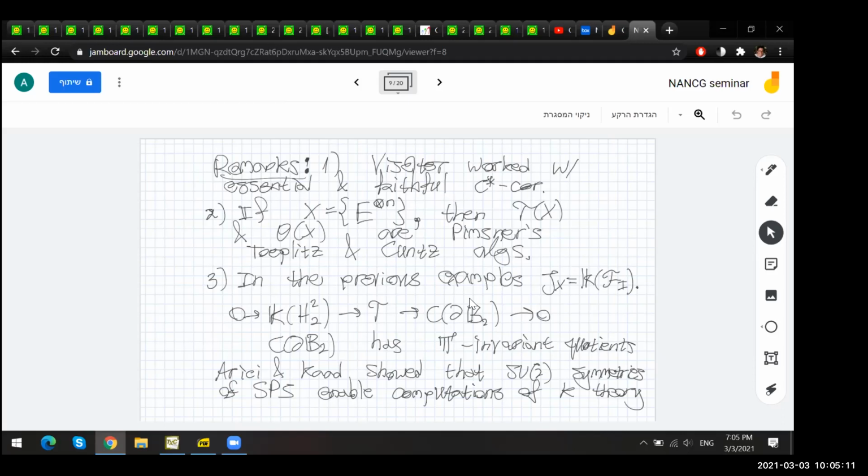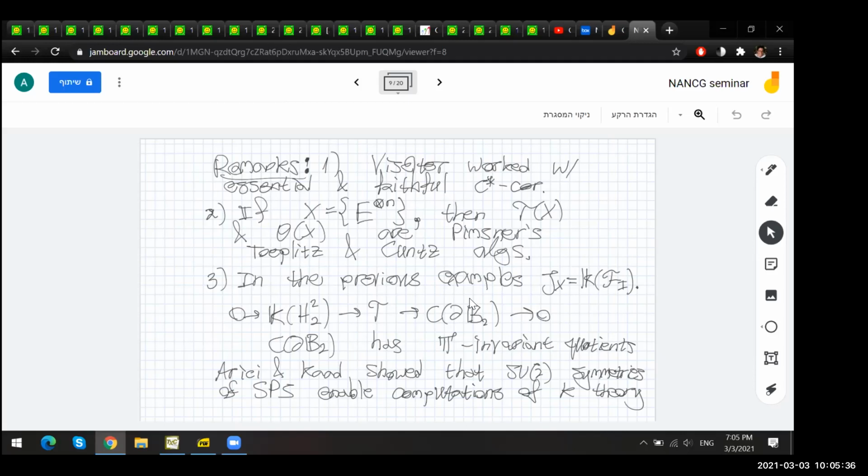And then what you can do is you can use this representation to construct a subproduct system. So you can sort of create a subproduct system that encodes the representation in some sense.